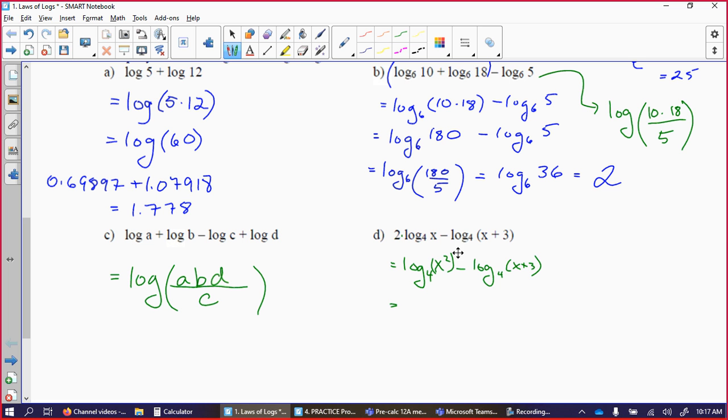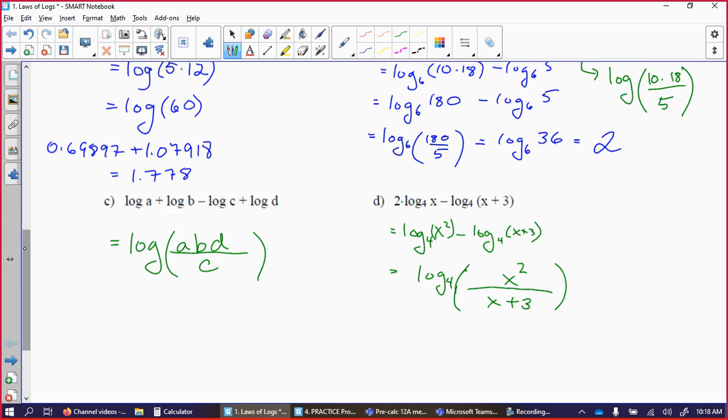So now I have log base 4 of something minus log base 4 of something else. Log base 4 of a fraction. X squared is the numerator. X plus 3 is the denominator. So we simplify, and then you can do your bit.